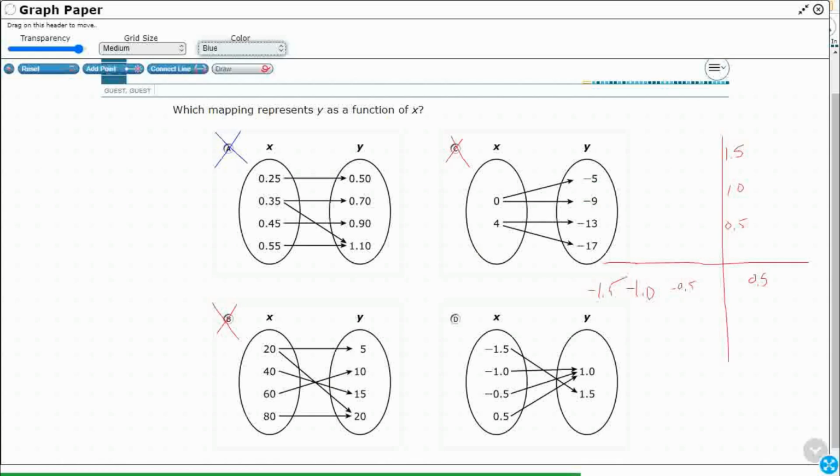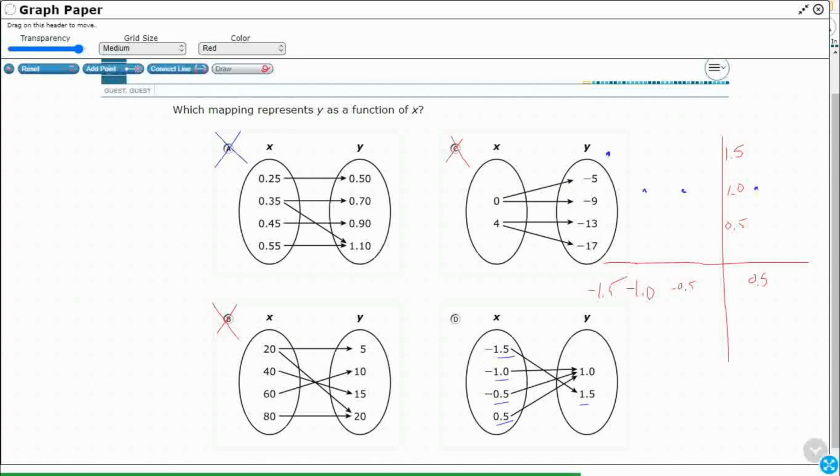It looks a little bit messy because you've got this -1.5 coming to that 1.5y, so that's going to go way up there. But then take a look at these next three x's. They all go to that same 1.0. So it's going to be this -1.0, this -0.5, and that 0.5, they all go to that 1.0 there, but does it pass the vertical line test?